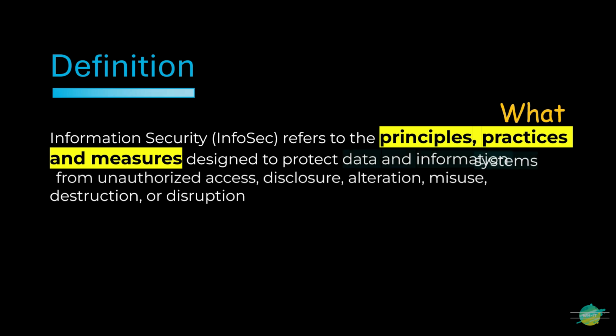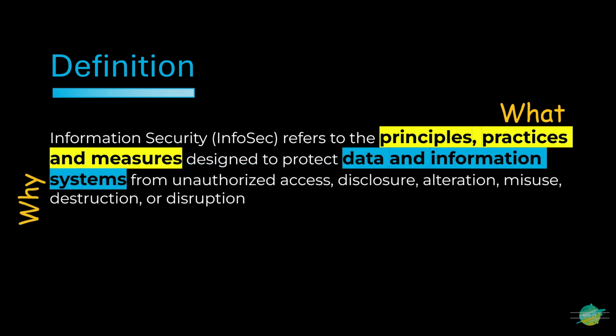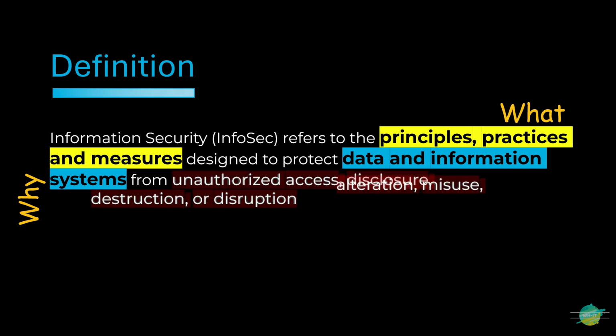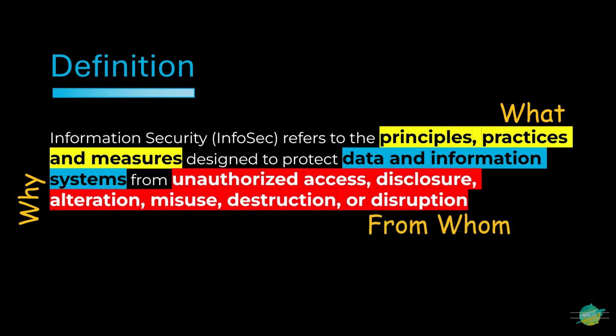But why, right? It follows these three techniques because it would like to protect data and information systems. But from whom? From unauthorized access, disclosure, alteration, misuse, destruction, or disruption, right?